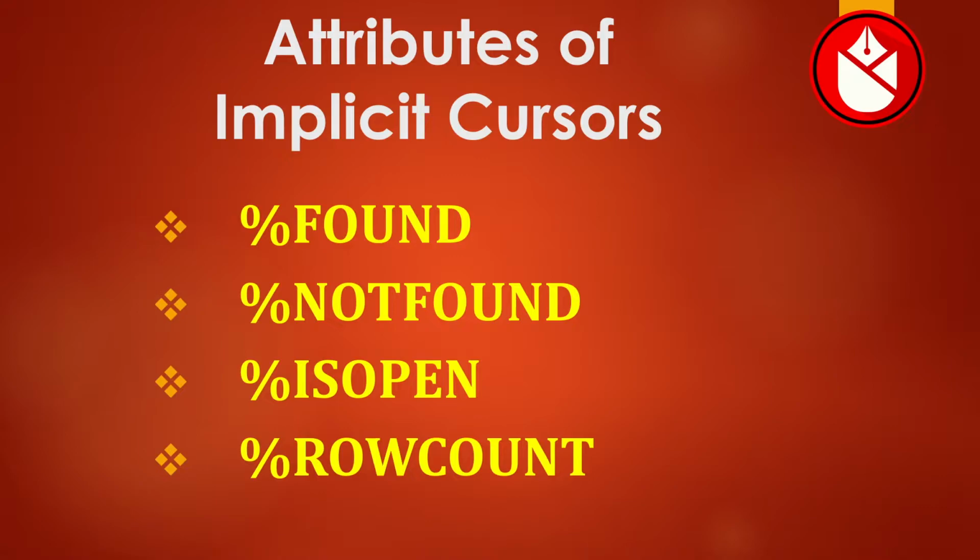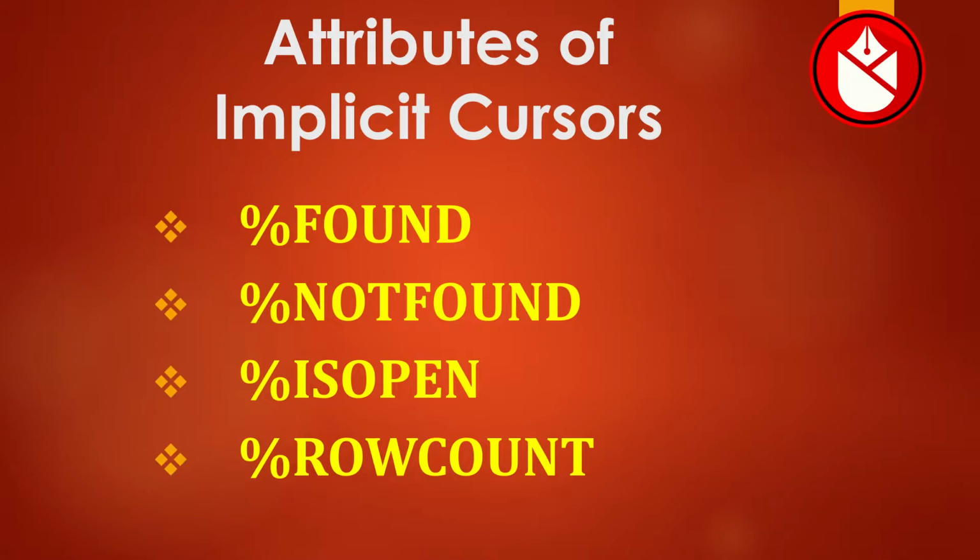It returns true if an insert, update, or delete statement affected one or more rows, or a select into statement returned one or more rows. Otherwise, it returns false. %NOTFOUND is the logical opposite of %FOUND. It returns true if an insert, update, or delete statement affected no rows, or a select into statement returned no rows. Otherwise, it returns false.